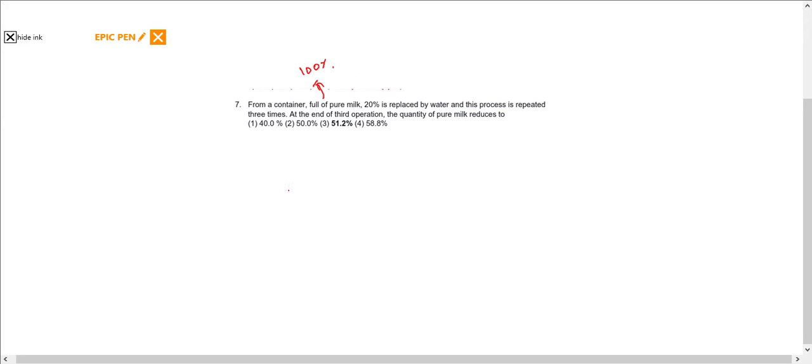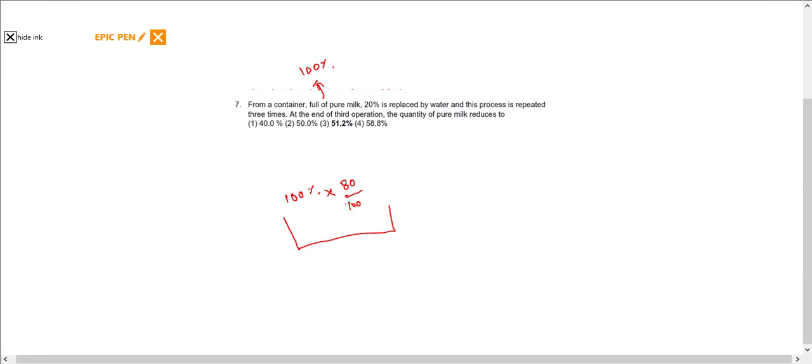So if in the first occasion I have 100% pure milk, what is going to remain when I replace 20% of that? What's going to remain is 80%. I'm throwing 20% out, so what is going to remain is 80%, right?